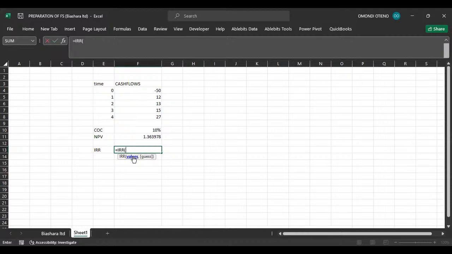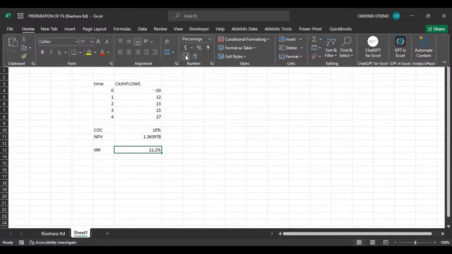You see now that it wants you to pick all the values. It's not saying value 1. It wants you to pick all the values like that. And then you close. You don't go for the guess. You say enter. Increase the decimals, please.